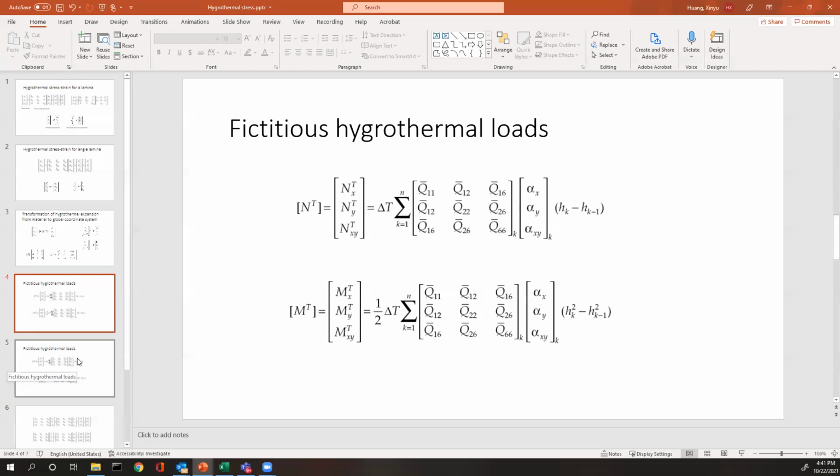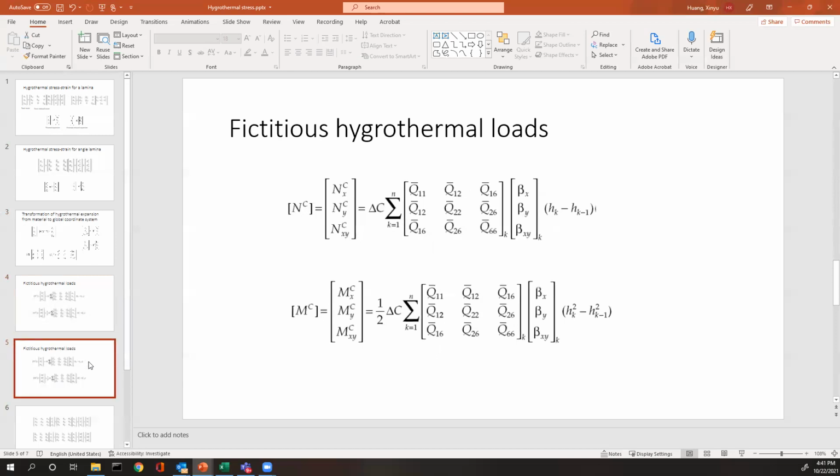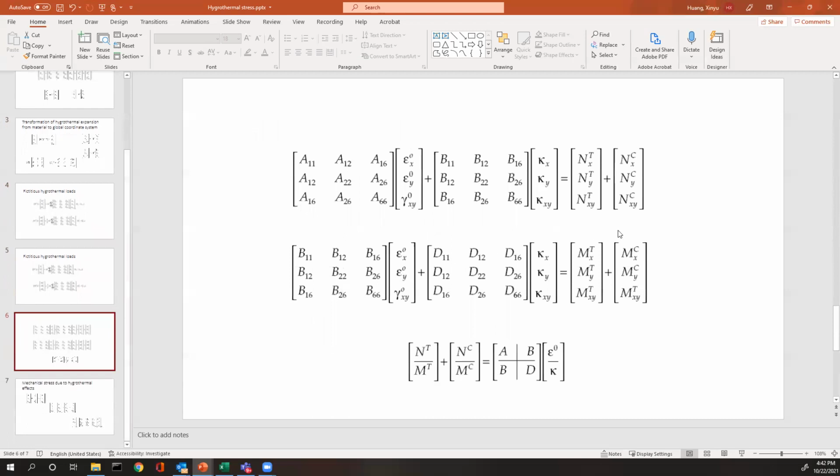This is for moisture. And then you can plug them into the same ABD formula. So basically, this says when you have these fictitious hygrothermal loads, they are related to the midplane strain and curvature, just like your CLT equation.